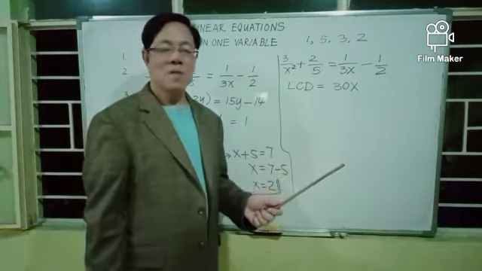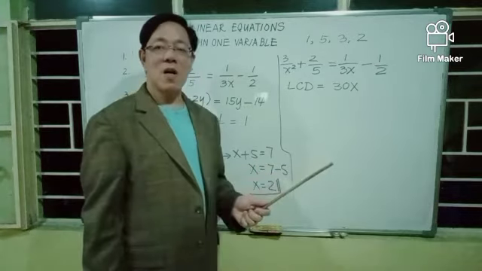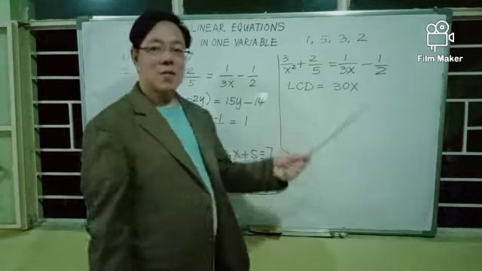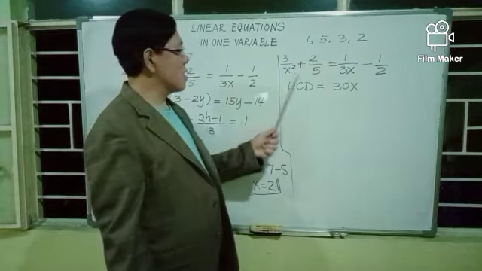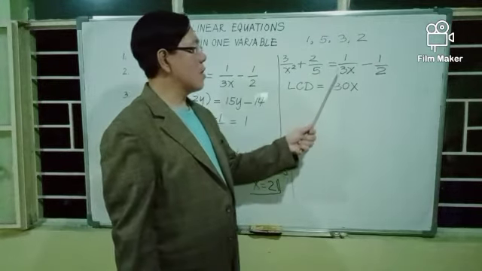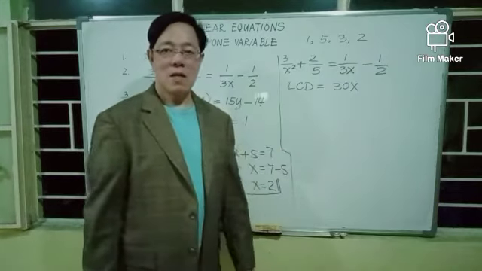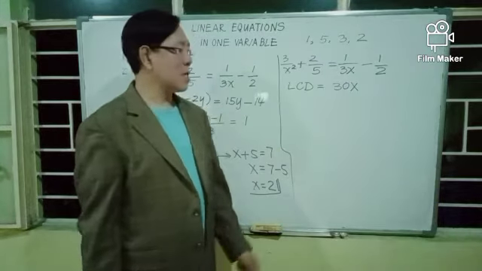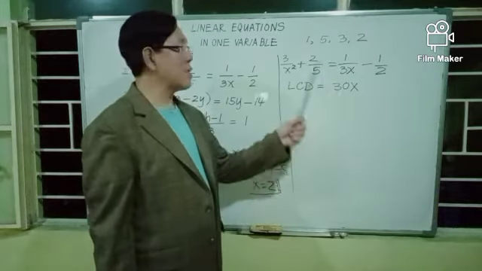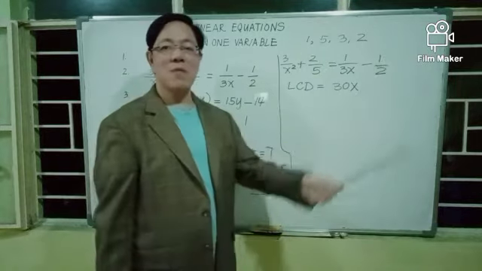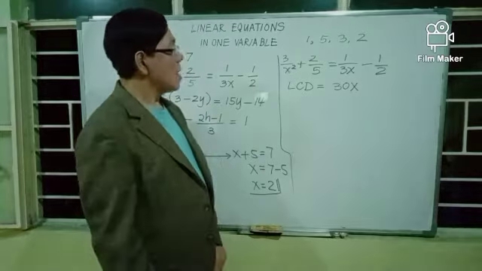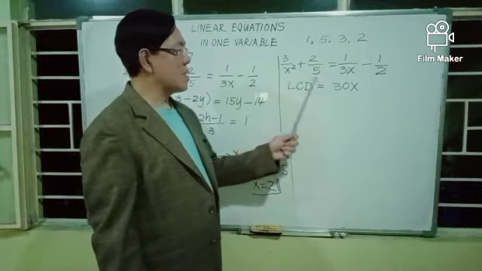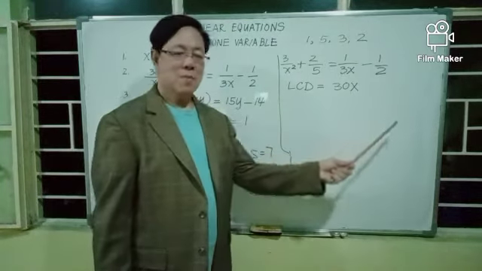Again, to get the LCD of denominators that contain algebraic expressions, you start with the numerical coefficients and the constants in the denominators, and you take the smallest number that can be divided by these numerical coefficients of the variables and the constants. And you take all the variables that appear in the denominator.